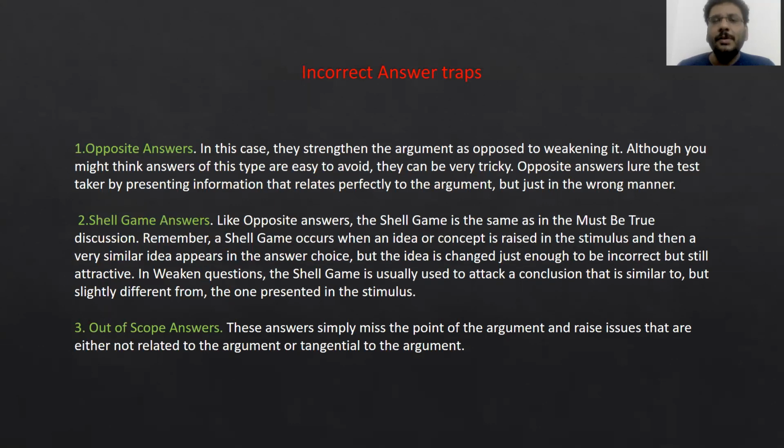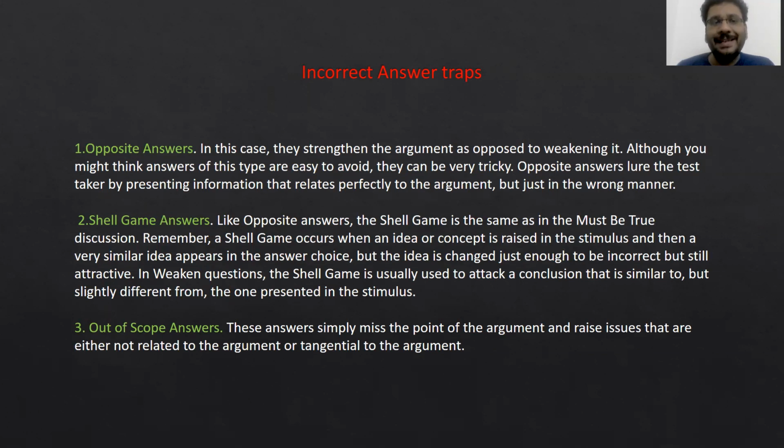So here you need to understand what exactly you need to weaken. You need to understand the entire conclusion of the argument, which will help you understand the argument better, which will in turn help you choose an option which undermines or weakens the conclusion.